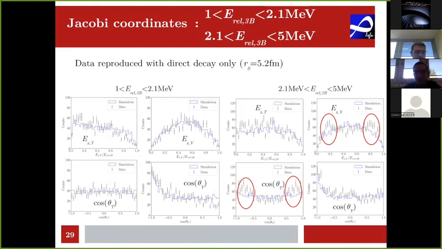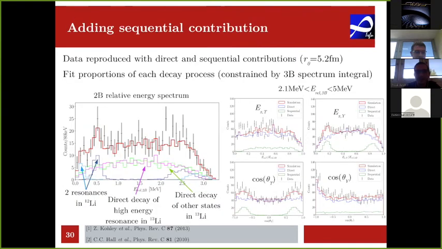So, to see that and to constrain this sequential decay, we go back to the two-body relative energy spectrum, in which we see at low energy two peaks corresponding to two resonance states in the intermediate lithium-12, among other contributions.